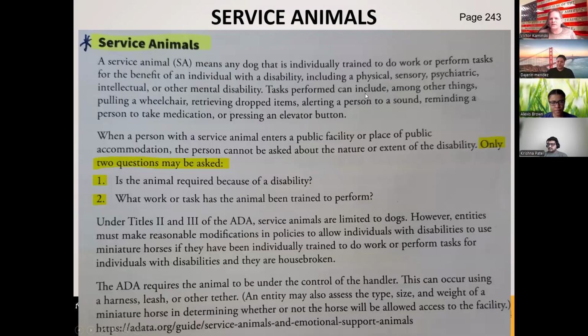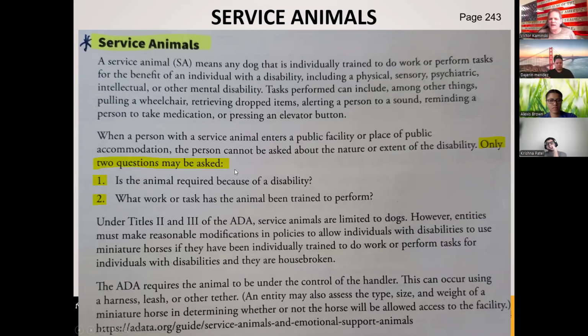Tasks performed can include, among other things, pulling a wheelchair, retrieving dropped items, alerting a person to a sound, reminding a person to take medication, or pressing an elevator button. When a person with a service animal enters a public facility or place of public accommodation, the person cannot be asked about the nature or extent of the disability.